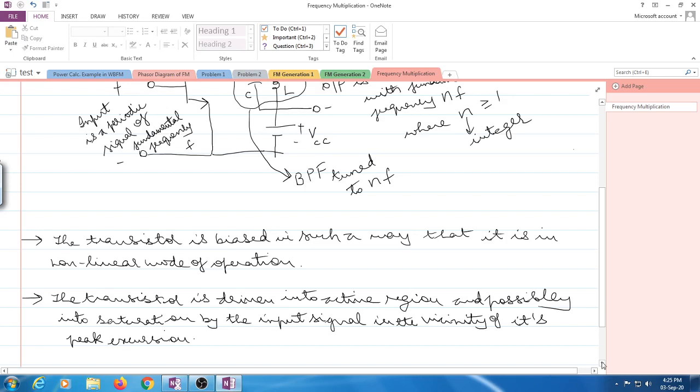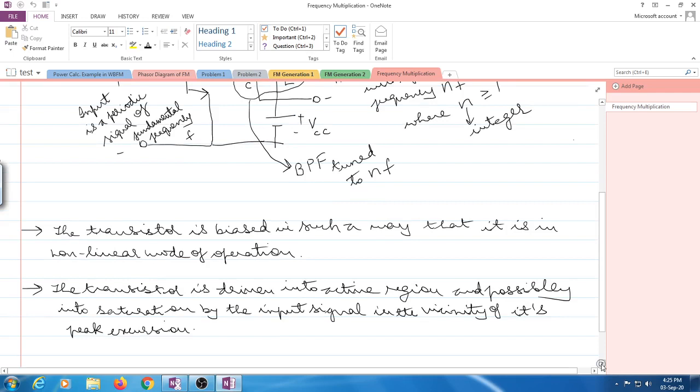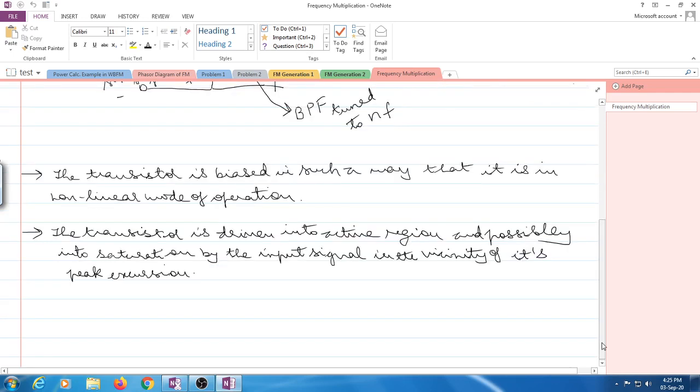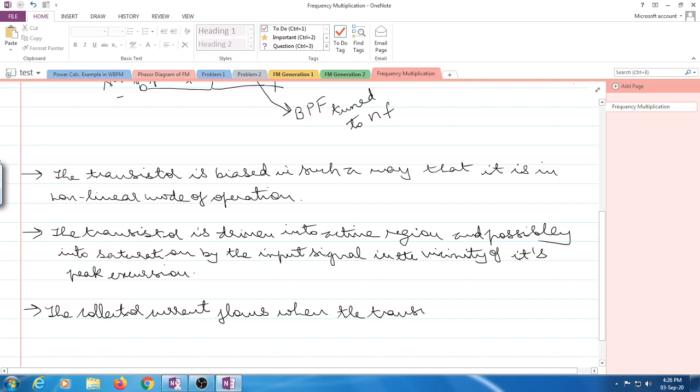So this is what the situation is. The collector current flows when the transistor is on. So this is what we have.